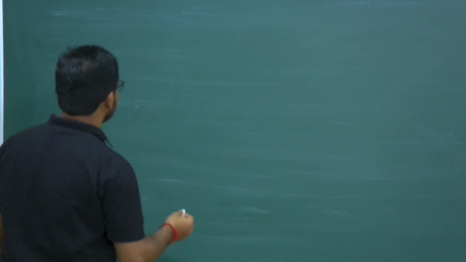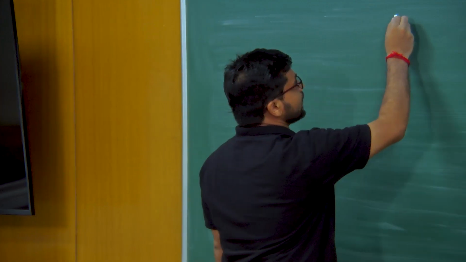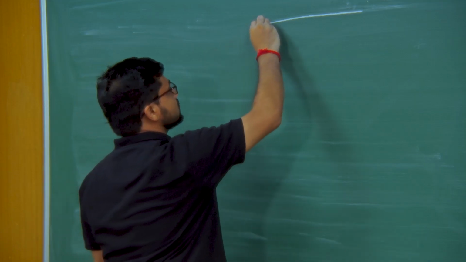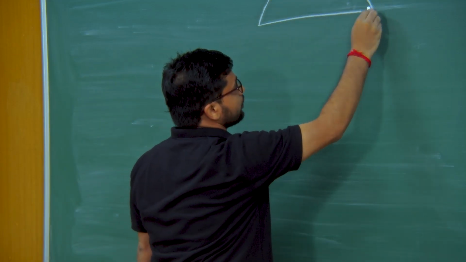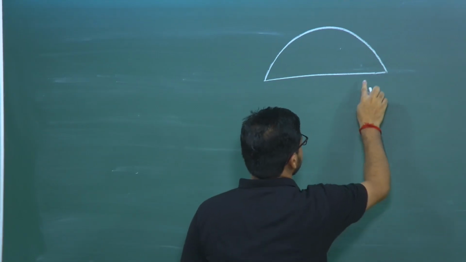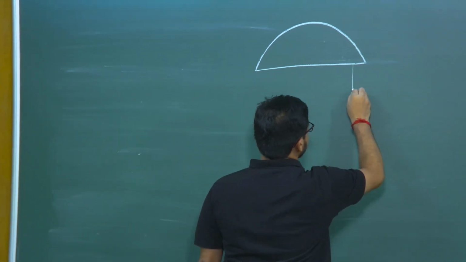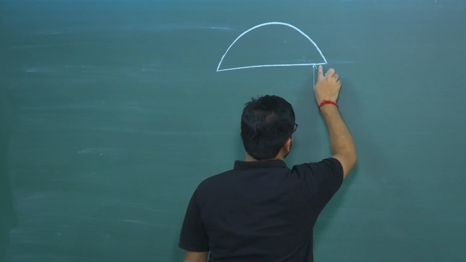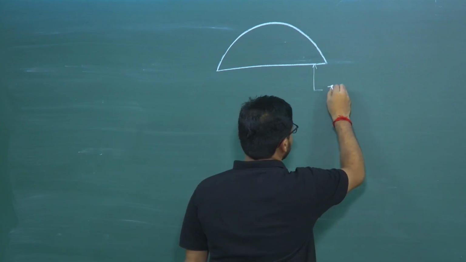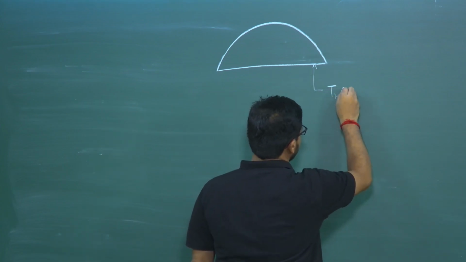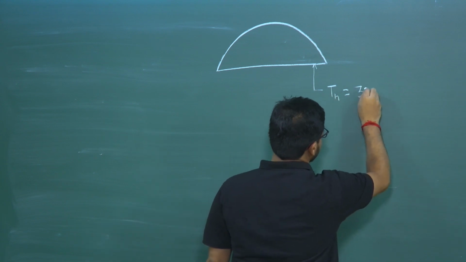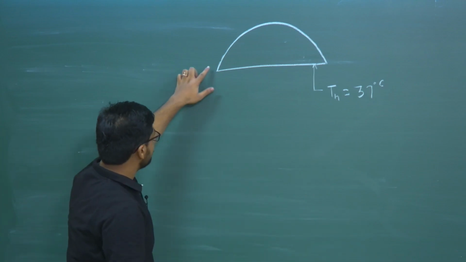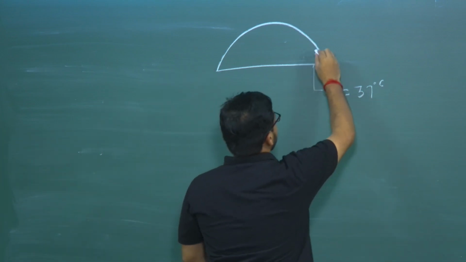To summarize, we had taken that when a person is sleeping, the cornea will face vertically upward, and this is the iris surface, which is at higher temperature because of flow of blood through the vessels in the iris. The temperature of this surface I had given as Th, which was equal to 37 degree centigrade, whereas the cornea is avascular tissue and it does not contain any blood vessels.